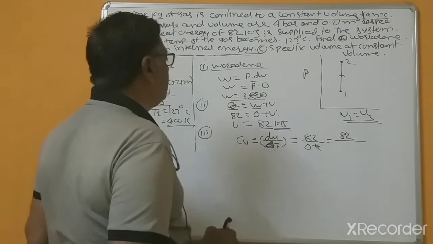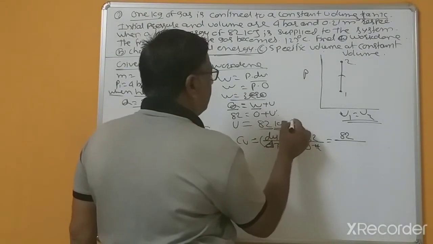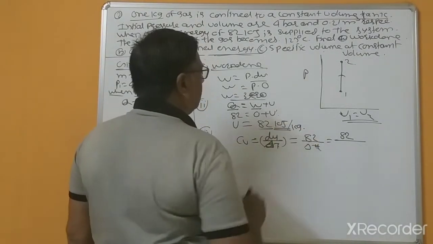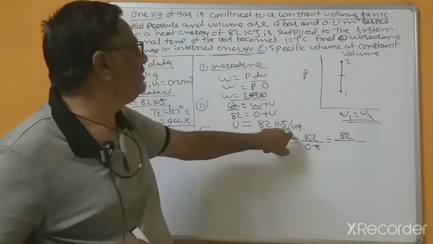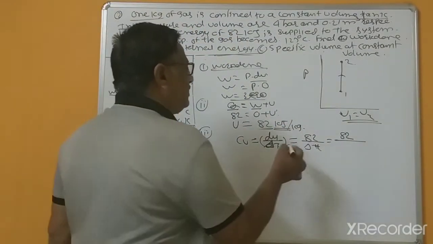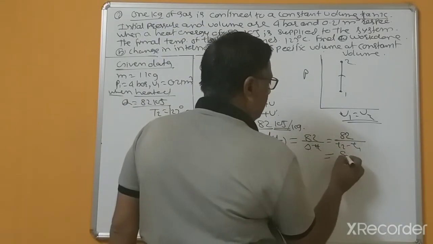So this is equal to 82 divided by mass equal to 1 kg. So this is kilojoule per kg, because for 1 kg of gas this is per kg, and this is T2 minus T1.